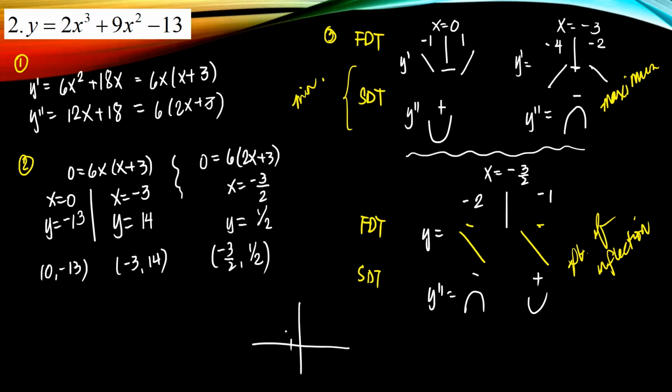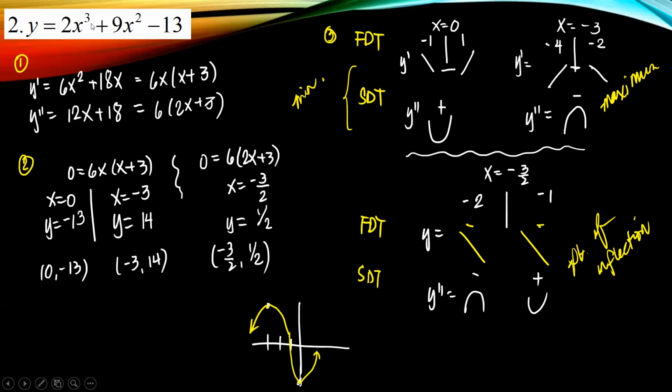The other one is 0, positive 13. The other one is negative 13 pala. So something like that. Negative 1.5, negative 1 half. Guys, there's a point. If x is negative 3, plug it in the original. The answer is 1, is it? So let's see.